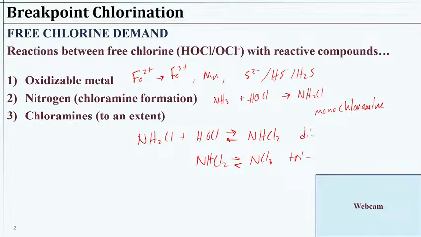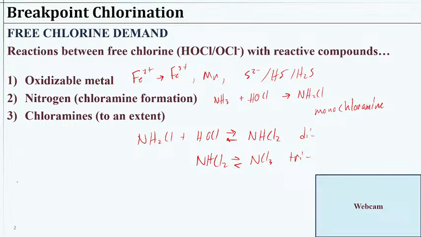And the deal is when we are doing any sort of chlorination, what we need to account for is all of these sources of chlorine demand, so that at the end of the day, we know that we have the amount of free chlorine that's going to do the disinfection available to do that disinfection after all these demands.